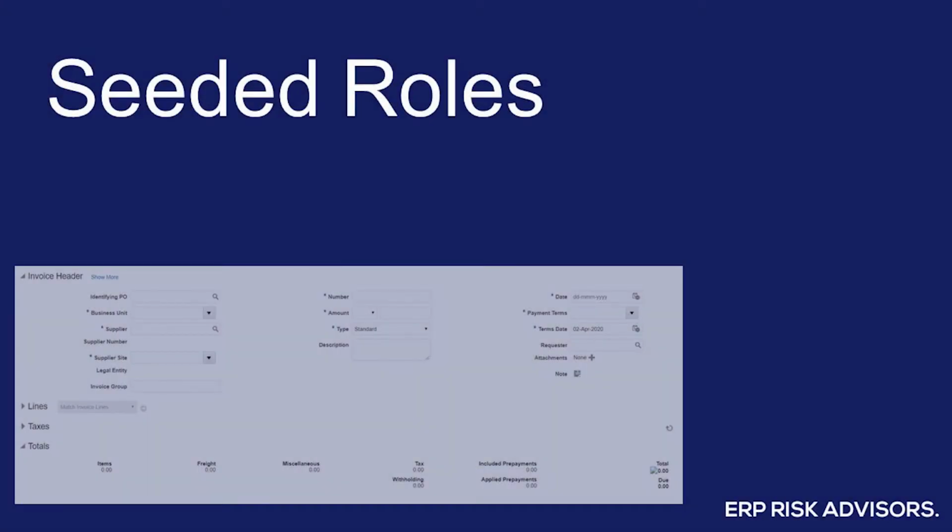So the job role is a grouping of duty roles that make sense. So to create an invoice, you have duty roles associated with creating invoices, with processing invoices, all grouped together. So these are things that Oracle put together for you to make it easier for you to do the job.